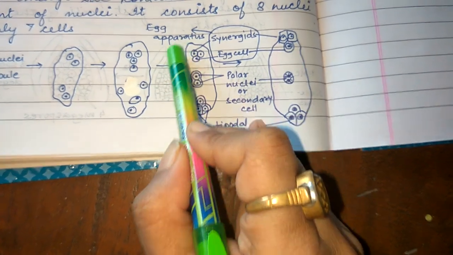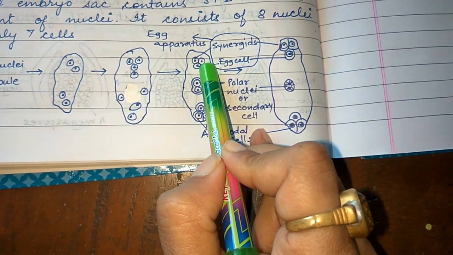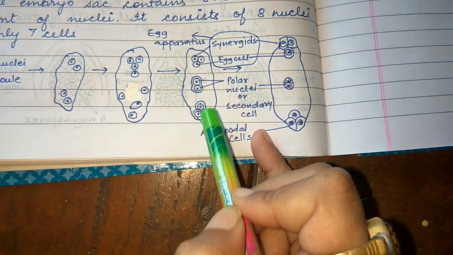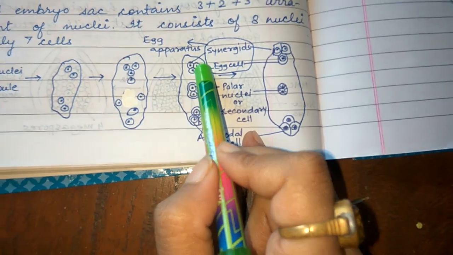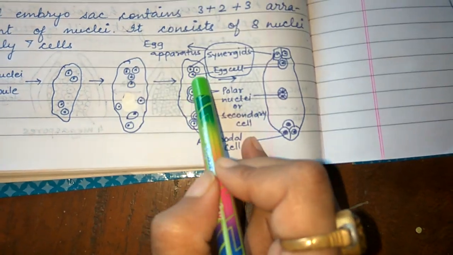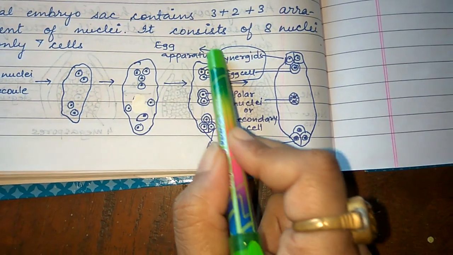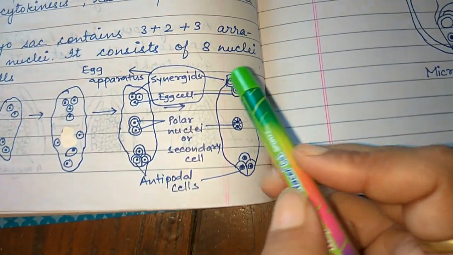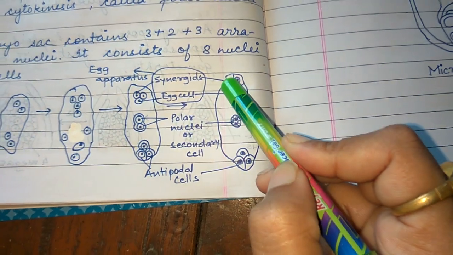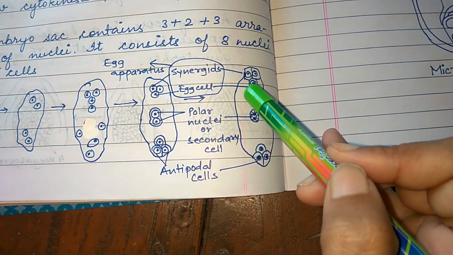Now, a typical embryo sac contains a 3 plus 2 plus 3 arrangement. 3 nuclei plus 2 nuclei plus 3 nuclei is equal to 8 nucleate. But if we count cells, that is 3, 1 and 3, that is 7.